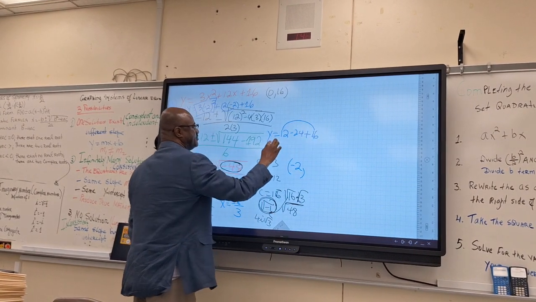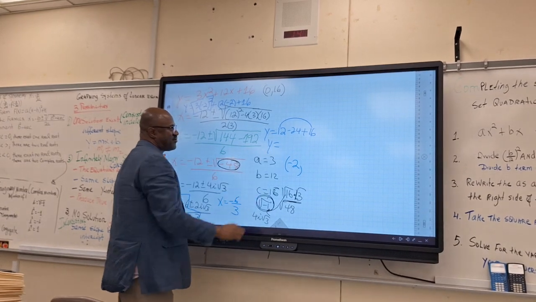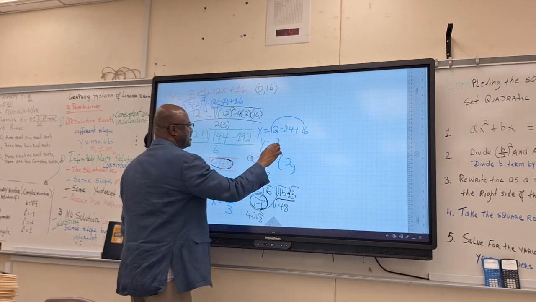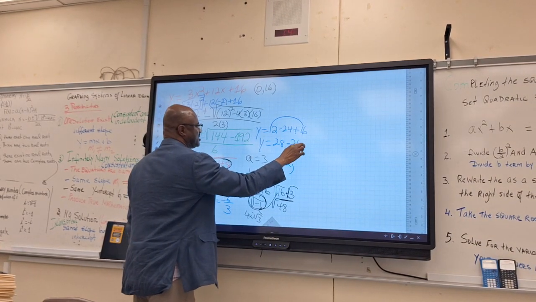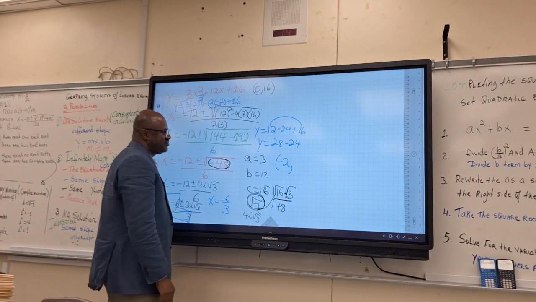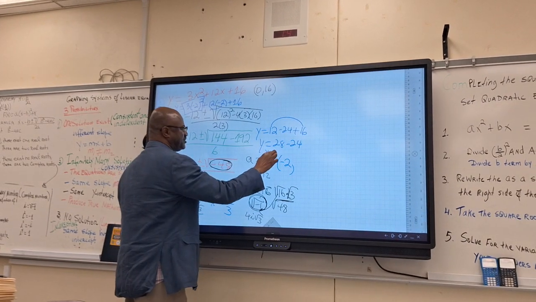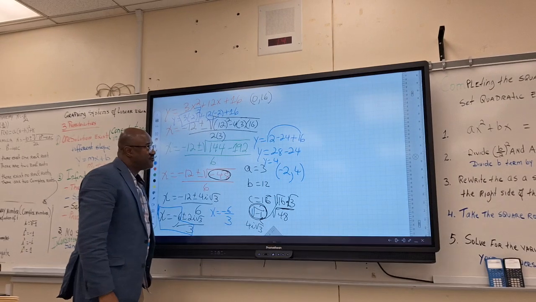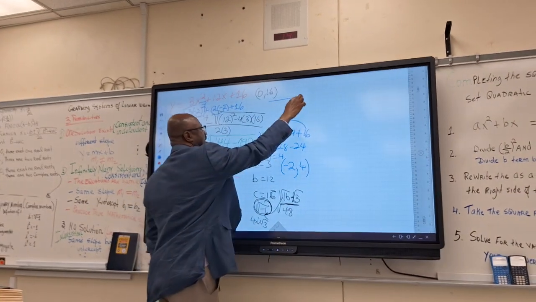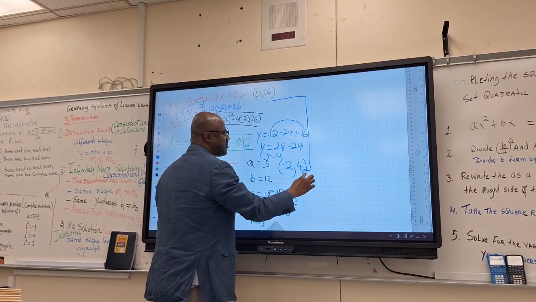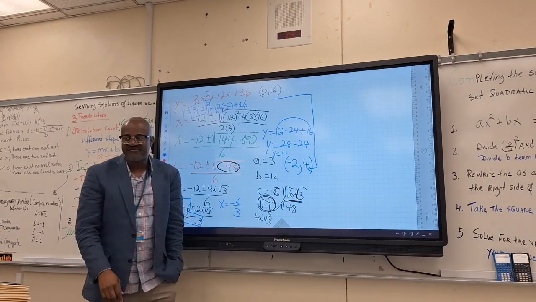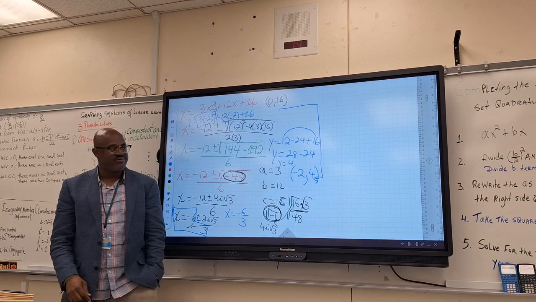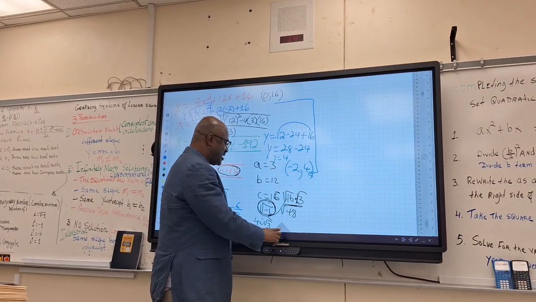That will give you 12 plus, that will give you 28. Minus 24, that will give you 4. y is 4. So the vertex is (negative 2, 4). So we're going to use this point and a point of reflection. We're going to reflect it to get the other point, right? Then that would be your graph, since you have no x-intercept.